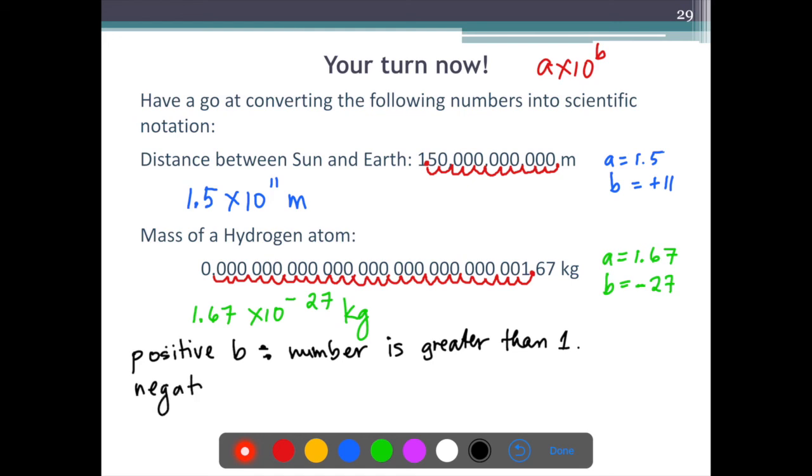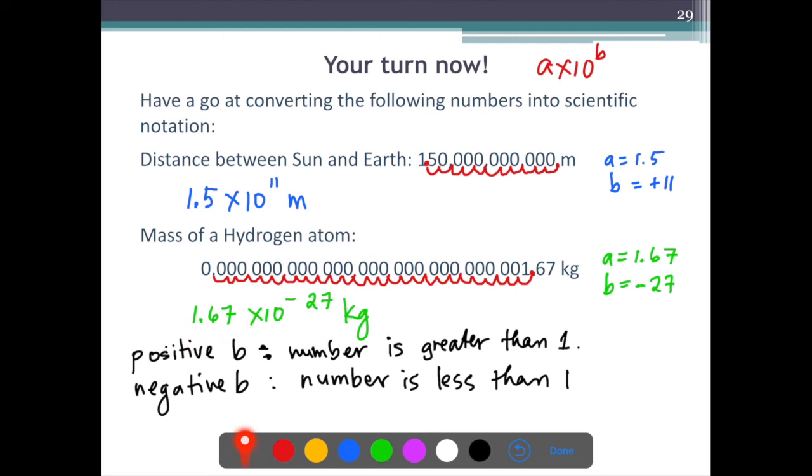And if you have a negative power, or negative B, that means that the number that you've just written in scientific notation is less than 1. And that sort of gives you a clue.